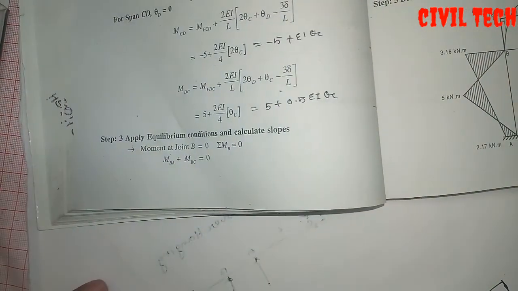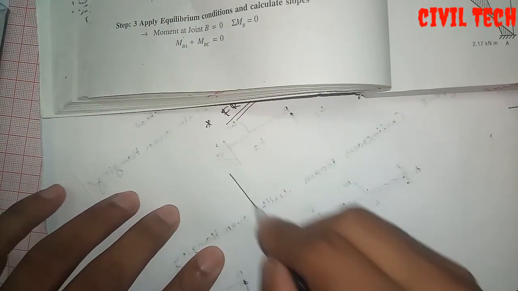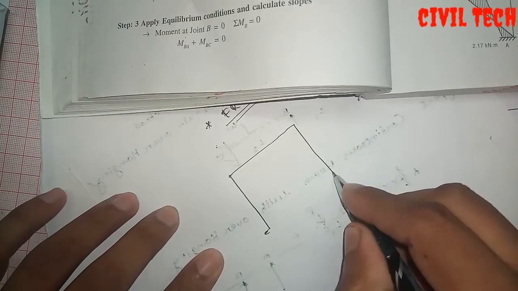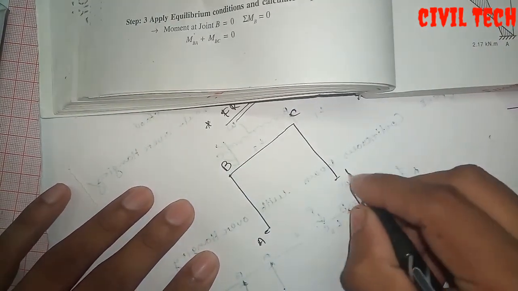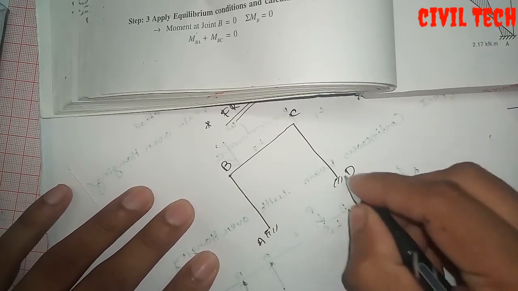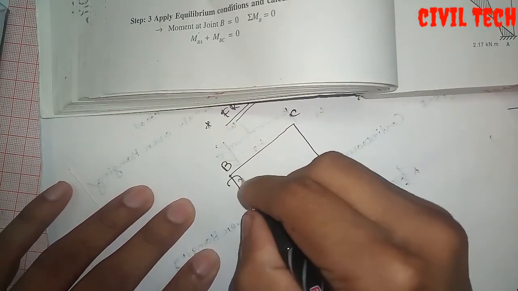Now, wait. This is our figure, A, B, C, D. So here it will be like this.